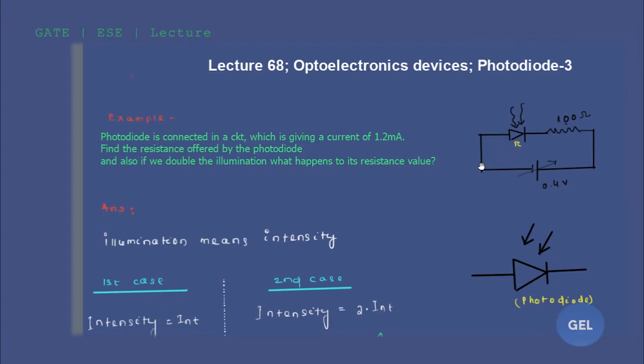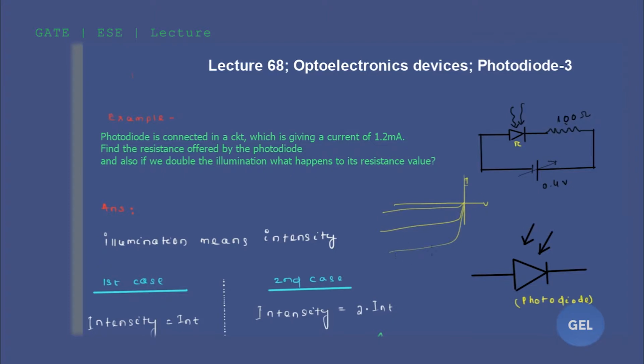It's a simple conclusion. If we increase the intensity, what happens? Obviously we saw in that graph, this is at your normal intensity. Now if you increase the intensity, your current value is increasing. This is the current versus voltage graph.